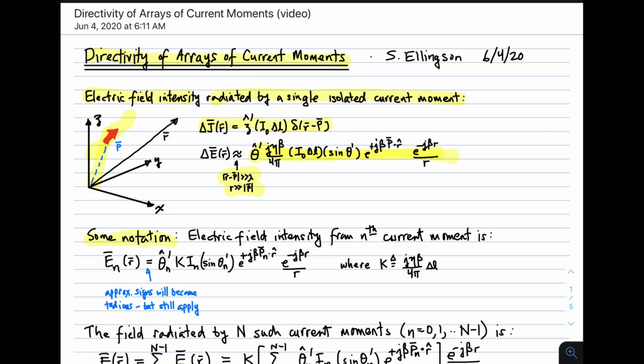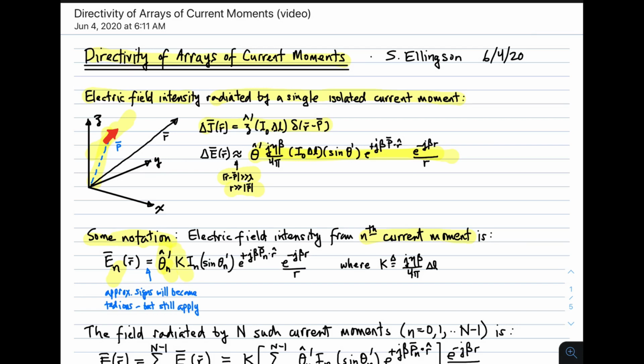The electric field intensity from the nth current moment, because we will have many of them, is given by E sub n. The subscript n enumerates the current moments. Theta hat prime sub n, because each one of these current moments can be oriented in an arbitrary direction, and it might be a different direction.